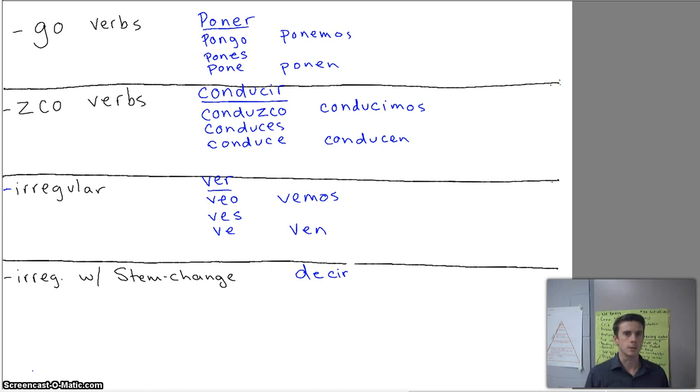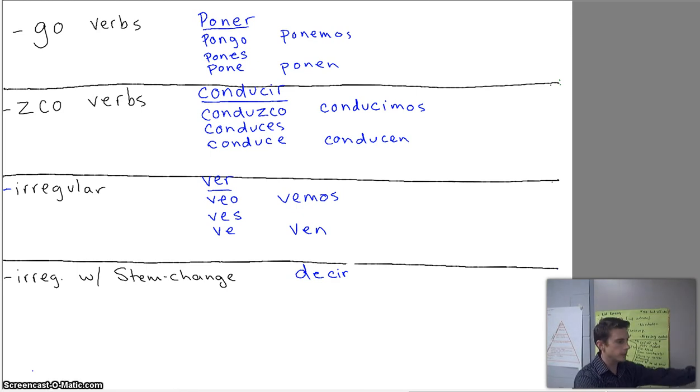The reason it's irregular is that what I have taught you so far is that you remove the ER, the IR, or the AR and add the conjugated endings, but in this case, if you do that, you're left with nothing. You're left with just the letter V, and that doesn't work out. Our conjugated endings don't work out with just V, so we make it veo, ves, ve, vemos, and ven.